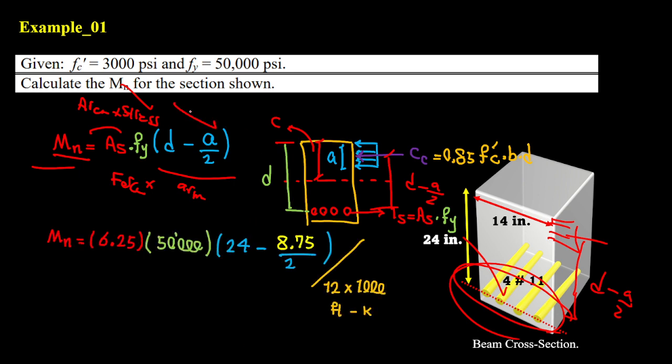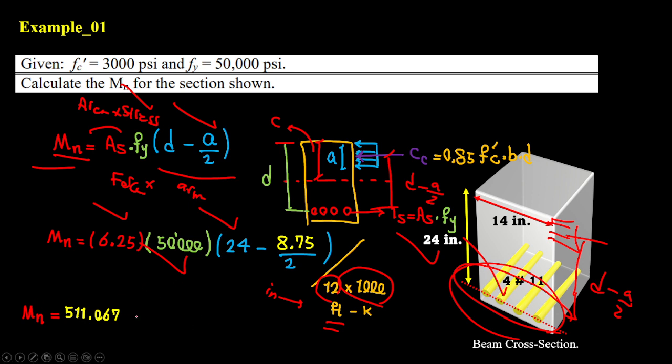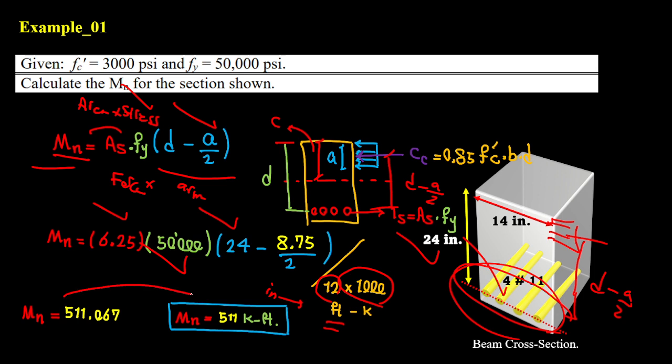We already know a and the area of steel, so just divide your number by 12,000 to convert inch-pounds to kilo-pound-feet. So our moment is 567 pound-feet, and we report it as 55 kilo-pounds.